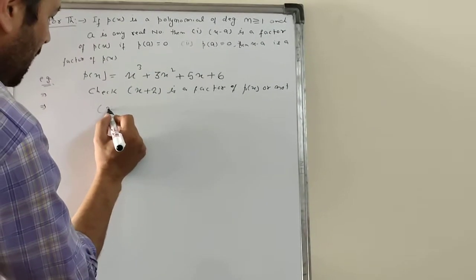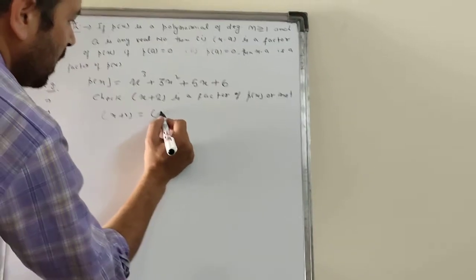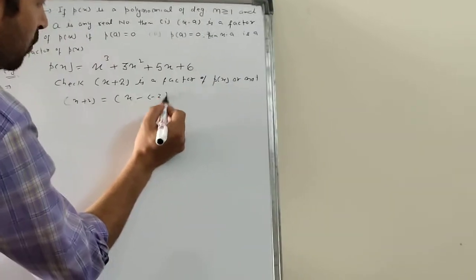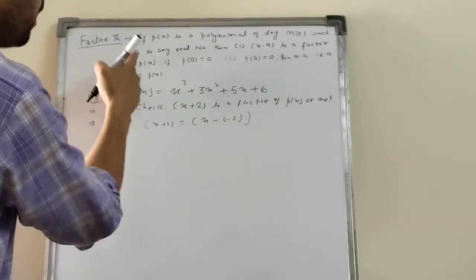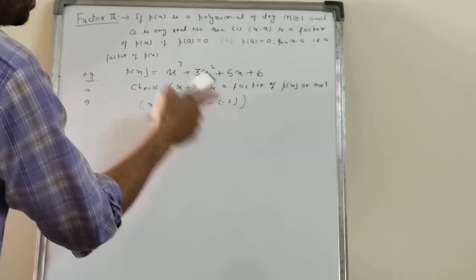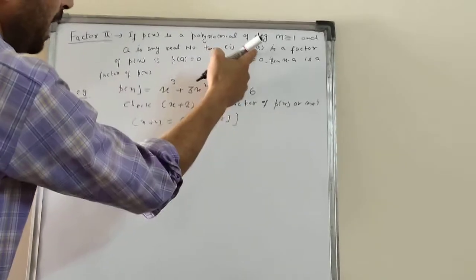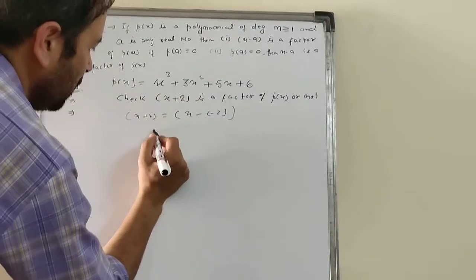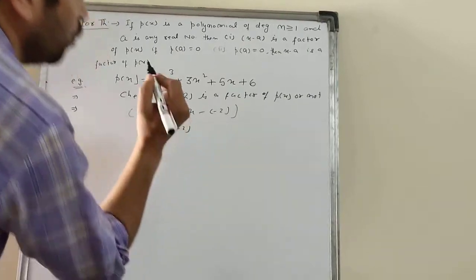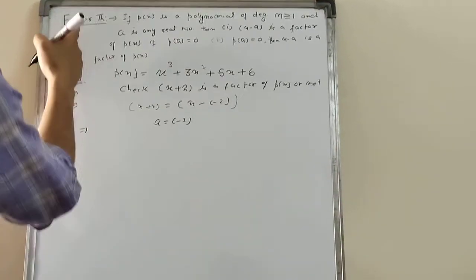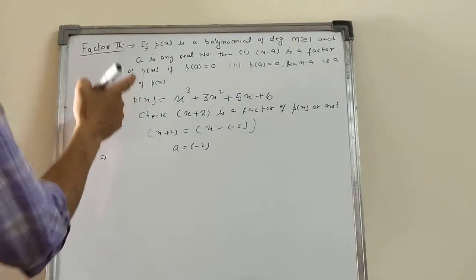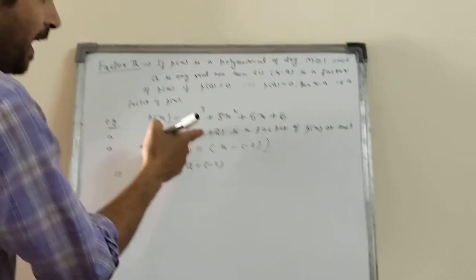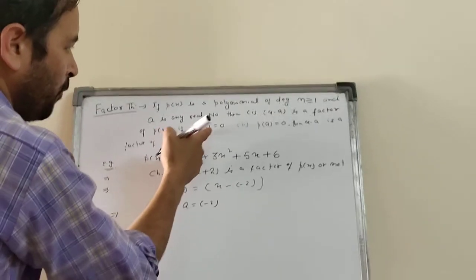So we can write x plus 2 as x minus (minus 2). So here the value of a becomes minus 2. Then according to the factor theorem, p(x) has a factor x plus 2 only if p(a) is equal to 0.